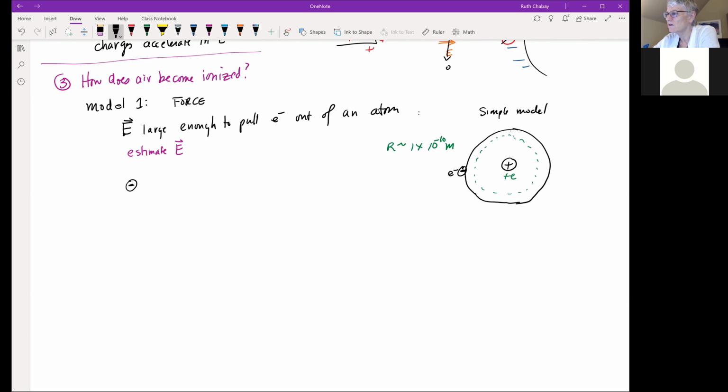Here is the force by the nucleus, and this is the force by the applied field, and the force by the applied field has to be just a little bigger than the force by the nucleus. Well, we can estimate this force by the nucleus.